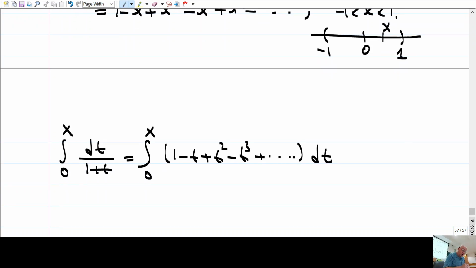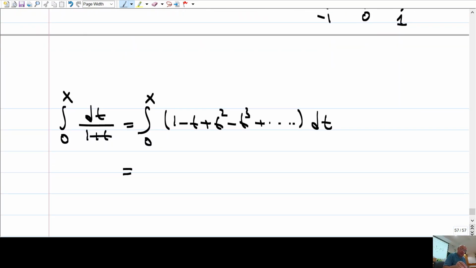And the theorem tells me the following. If you have a convergent power series, then you can integrate it as if it's a polynomial, right? Term-wise integration. Integral of 1 is just t. Integral of t is t squared over 2.